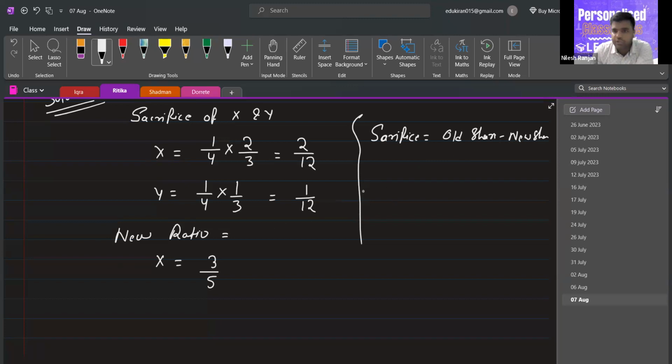So new ratio, if we bring it to the left side and bring sacrifice to the right side, it will be old ratio minus sacrifice.